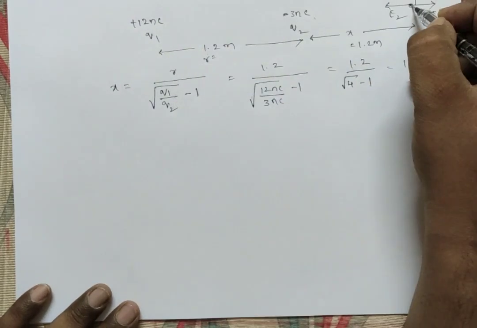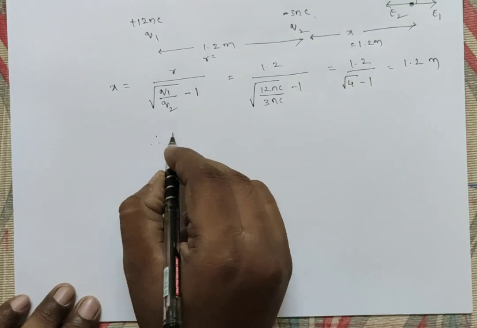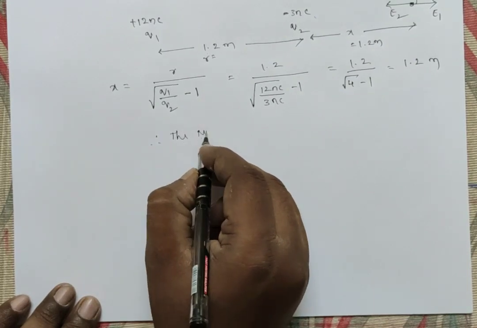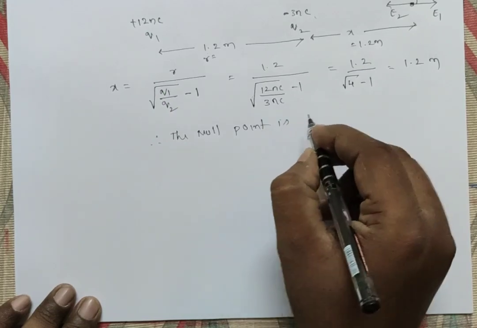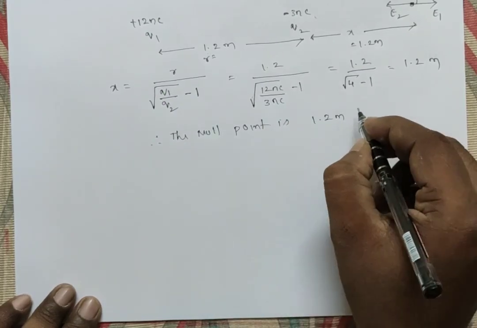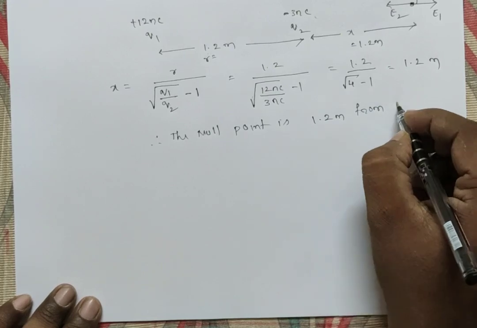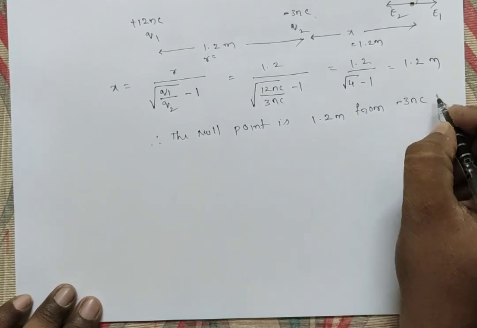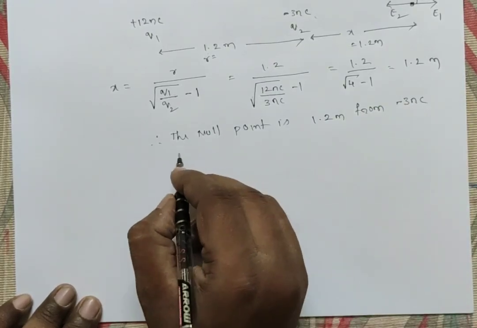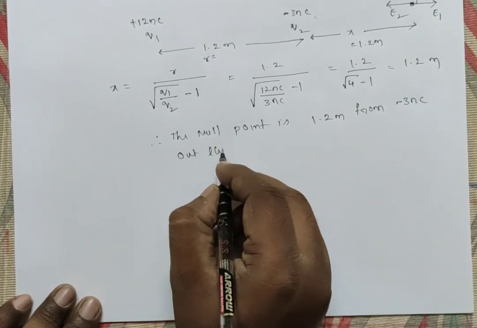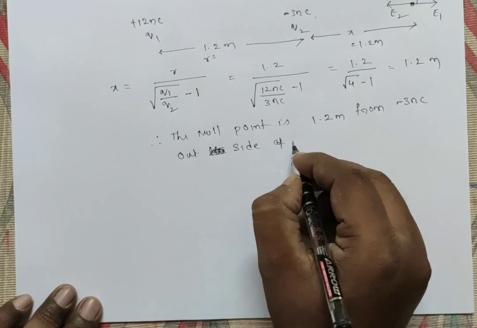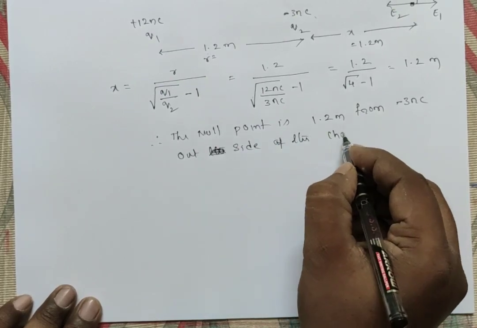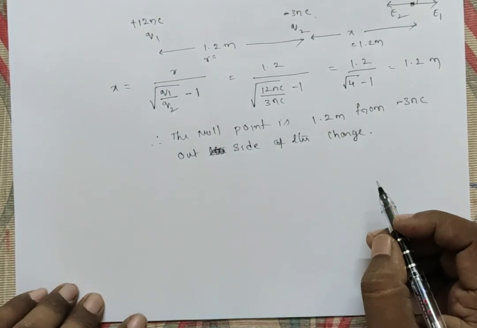So therefore the null point is 1.2 meters from minus 3 nanocoulomb, outside of the charges. That is the thing you have to understand clearly.